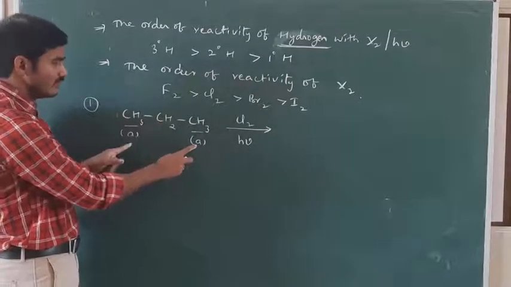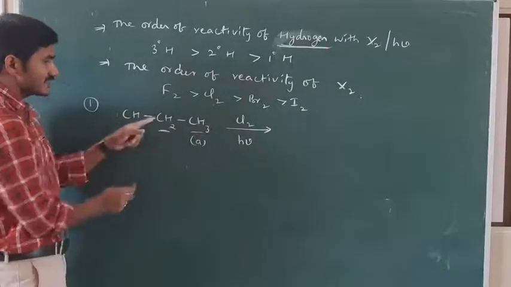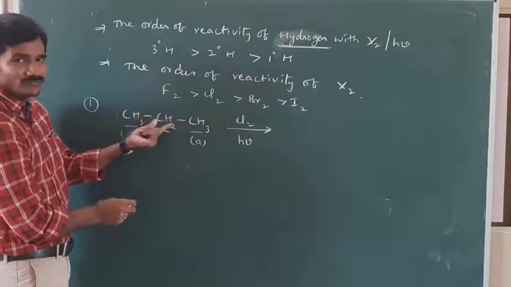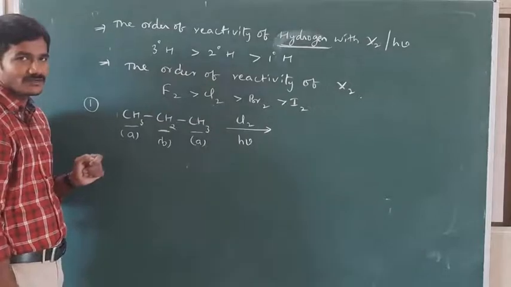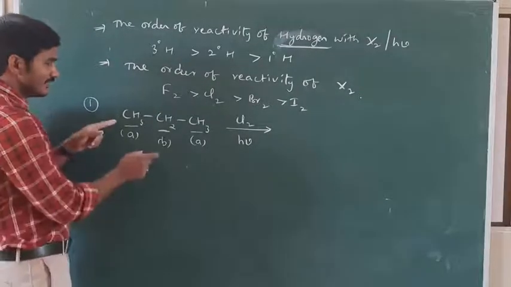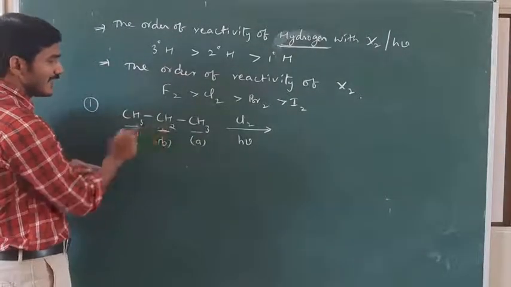So same type. And what about this carbon? This is CH2, which is different from the CH3, CH3. Understand my point? So what I am telling here is about non-equivalent carbons.